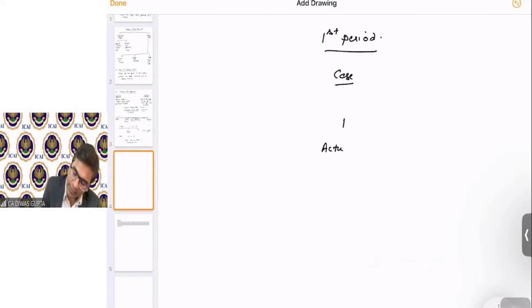Actual interest rate is 8%. So after 1 month, the actual interest rate comes out to be 8%. Students, tell me, which bank has gained and which bank has lost?